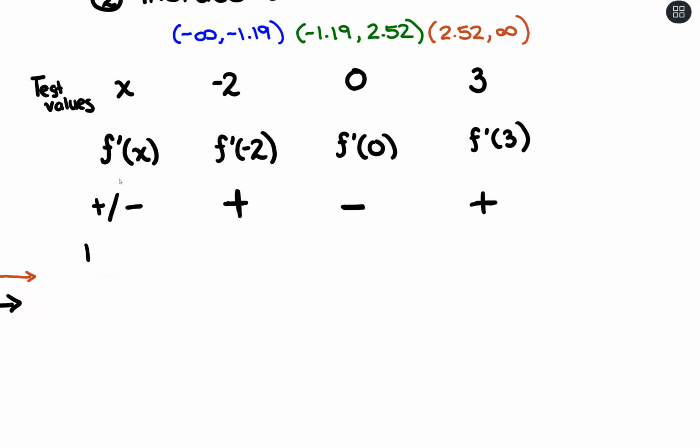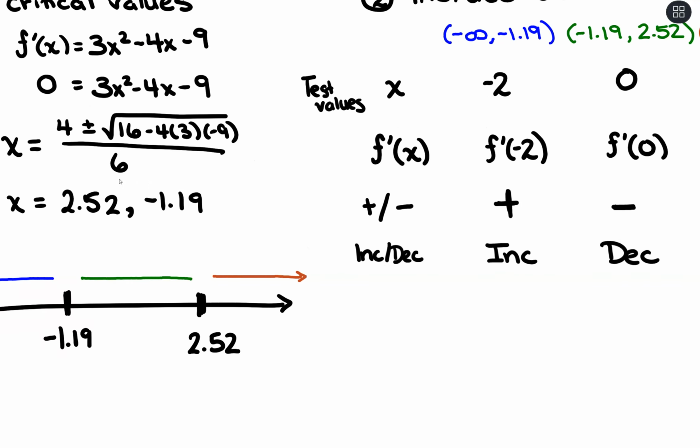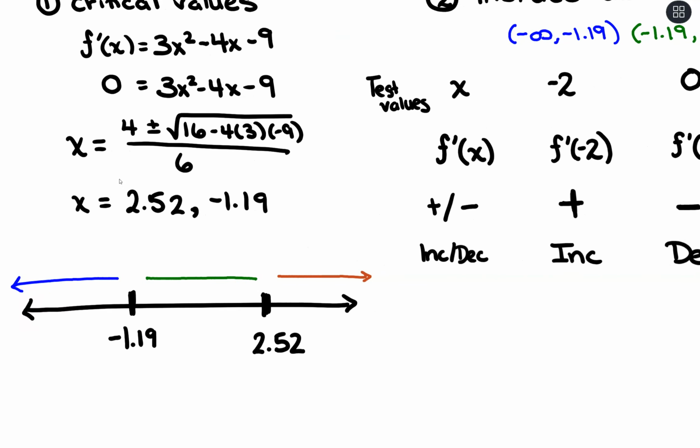And what happens is that this directly correlates to increasing, decreasing based on if it's positive or negative. So we have increasing, then we're decreasing, and then we're increasing. So what we did is through that work and using the first derivative, we saw that our first derivative was positive here. So that means this interval, our function's increasing.